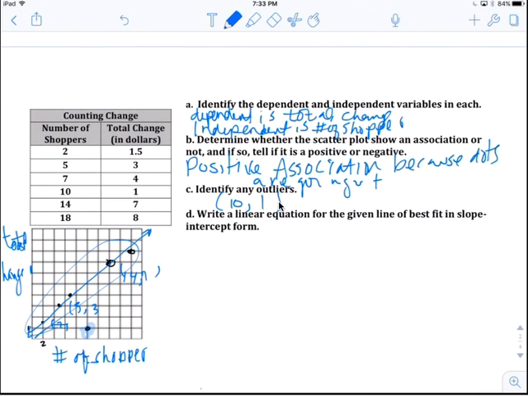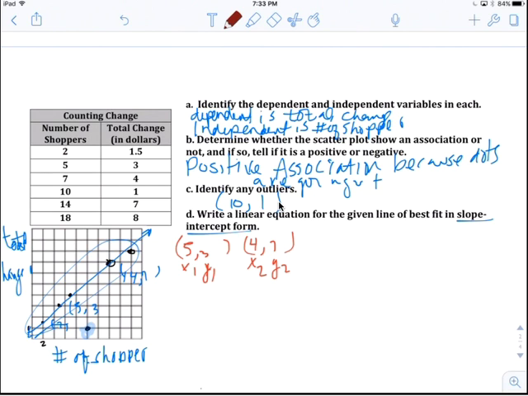Okay, linear equation in slope-intercept form. We've got 5, 3, and 4, 7. Those are x1, y1, x2, y2.